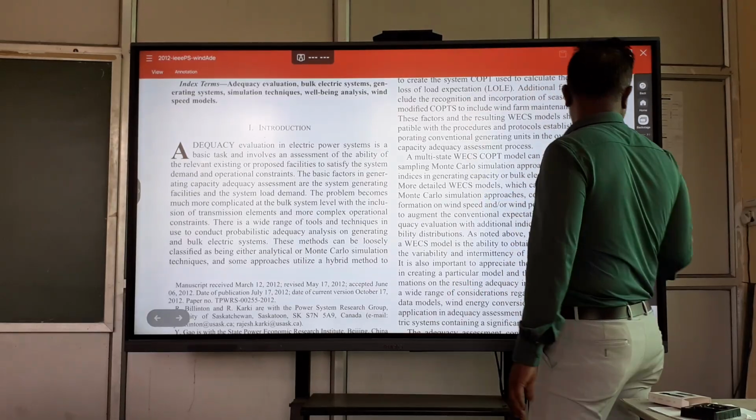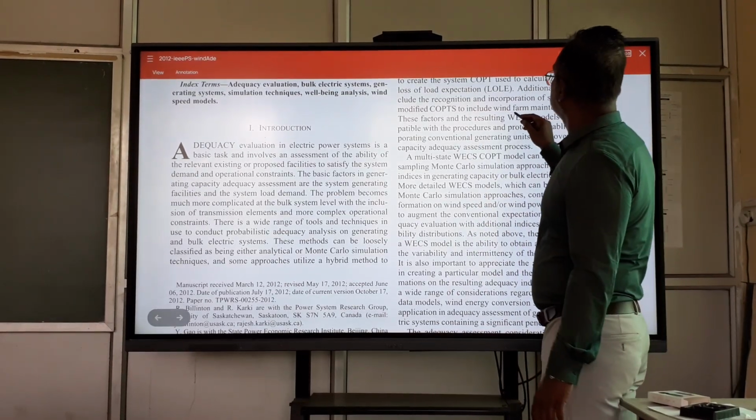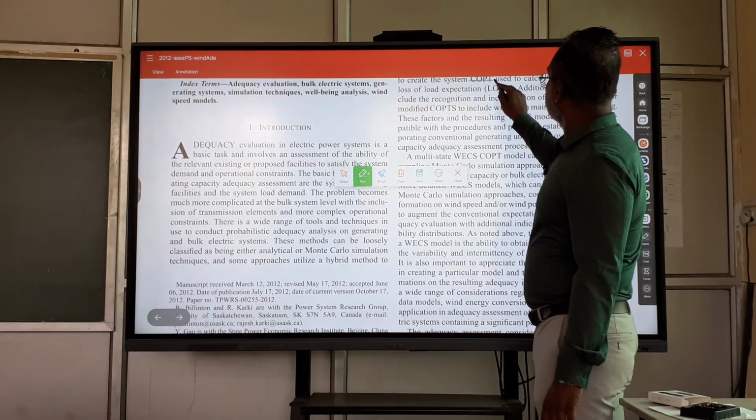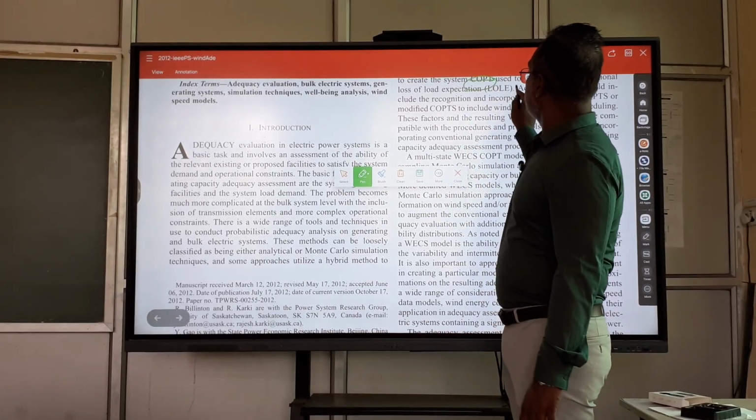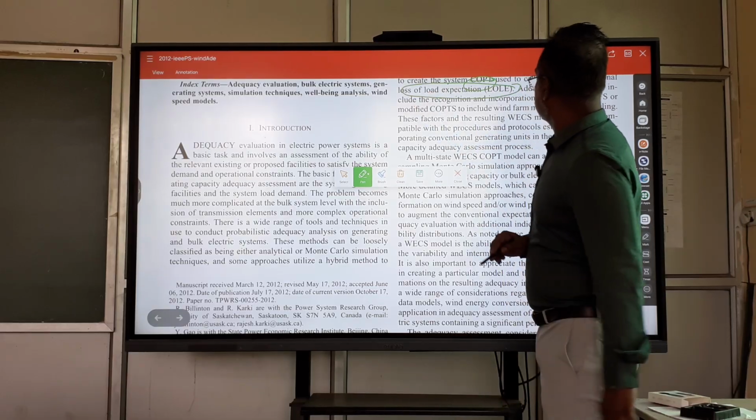See what we are seeing here: capacity outage probability table, right? Capacity outage probability table, loss of load expectation, right?